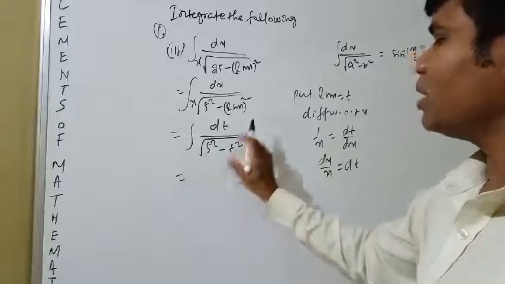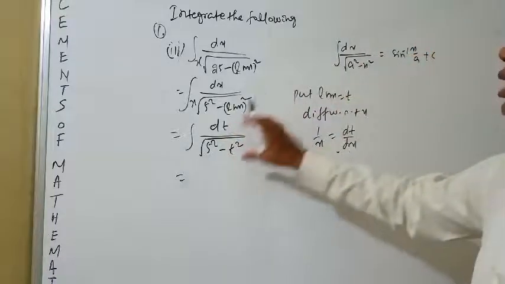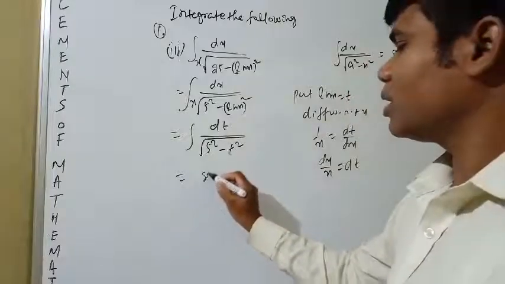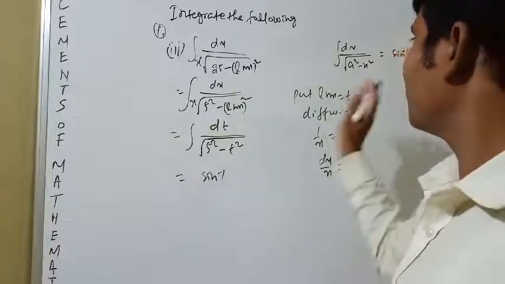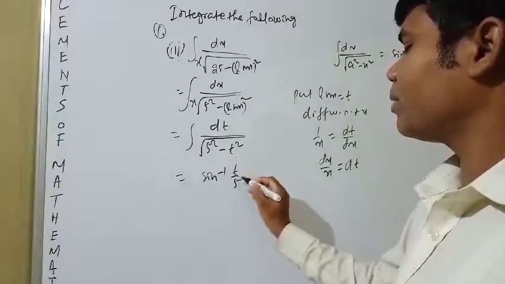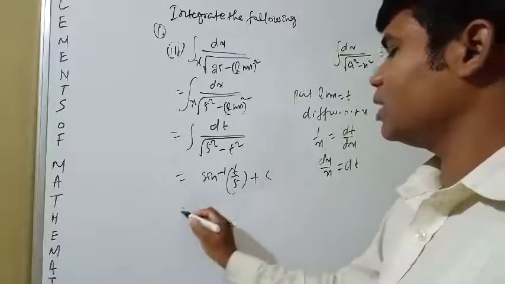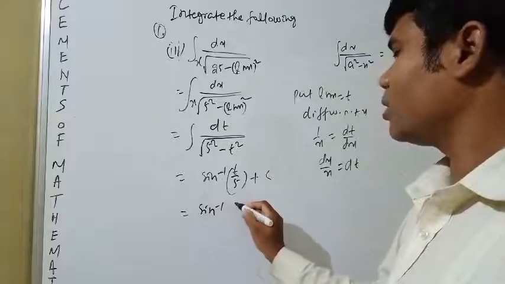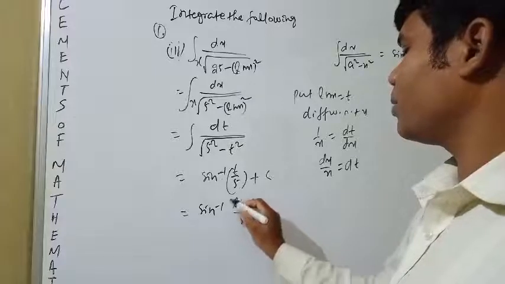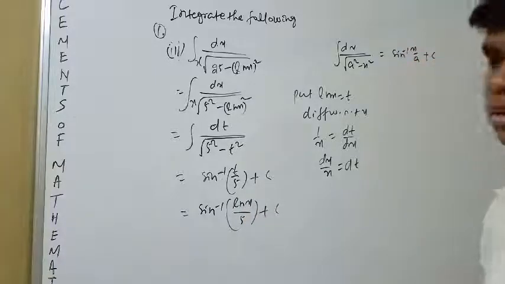Using this formula, it is equal to sin inverse t by 5 plus c, which is equal to sin inverse ln x by 5 plus c.